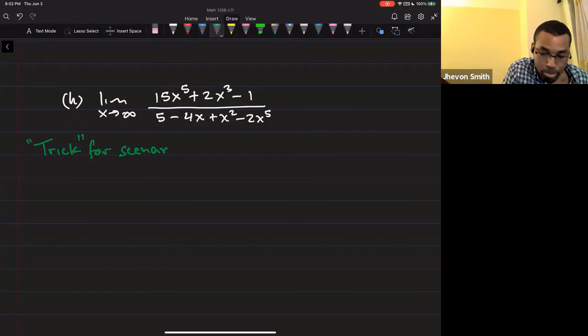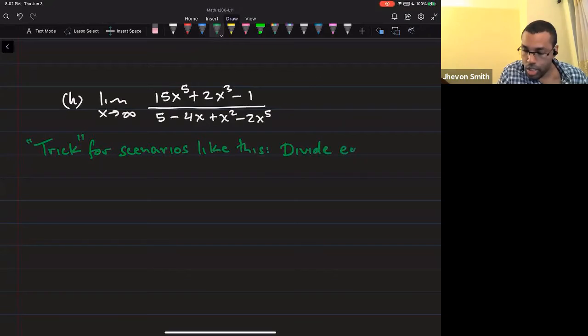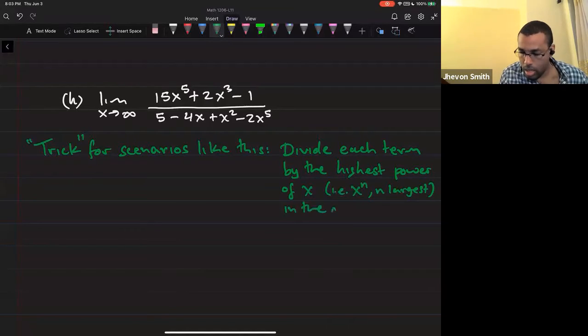I don't know if it's like a trick, but here's the trick. Divide each term by the highest power of x, i.e. x to the n, the largest, in the denominator.